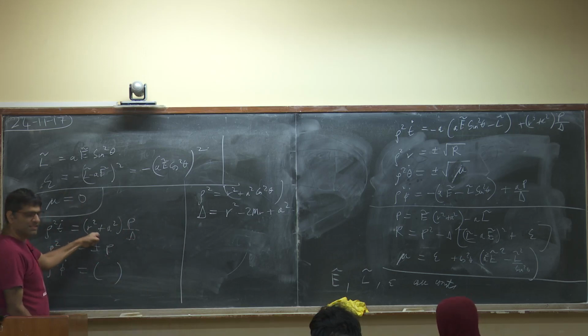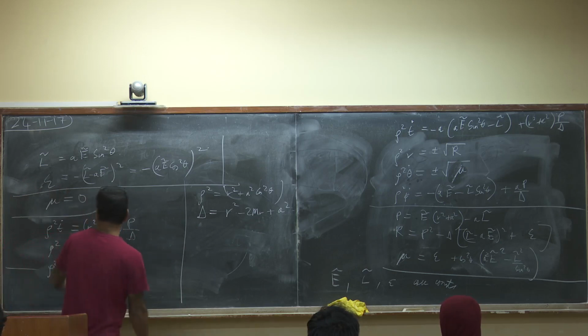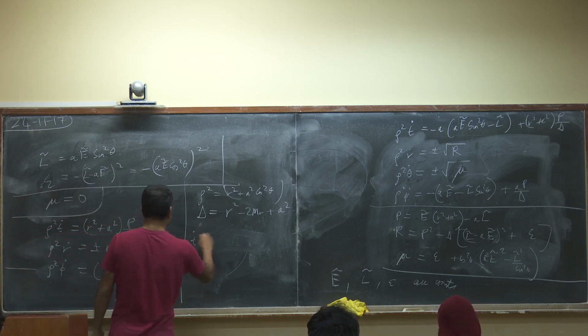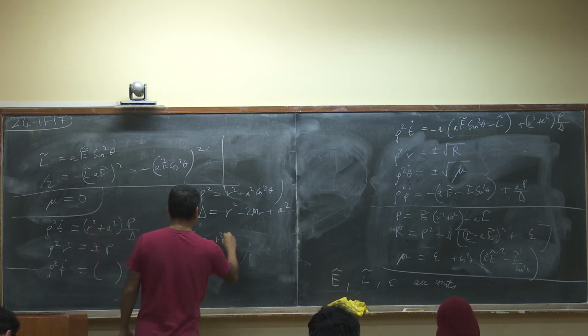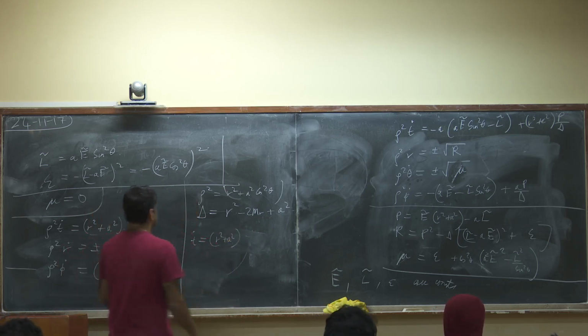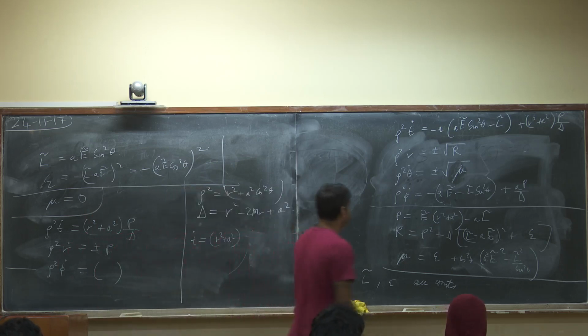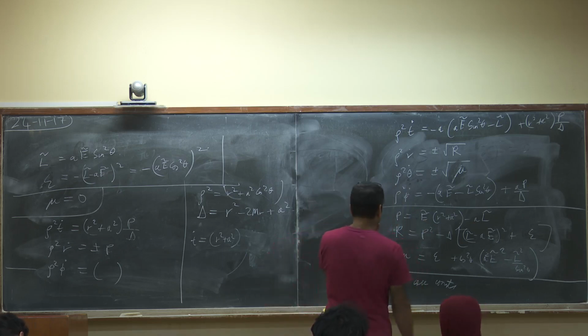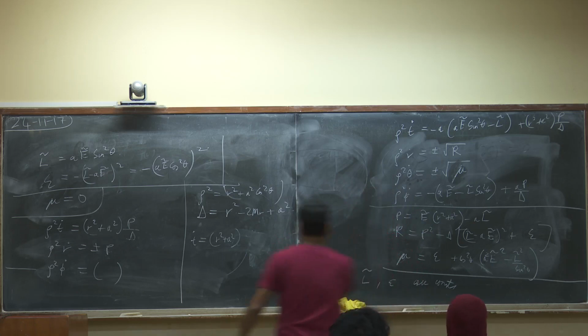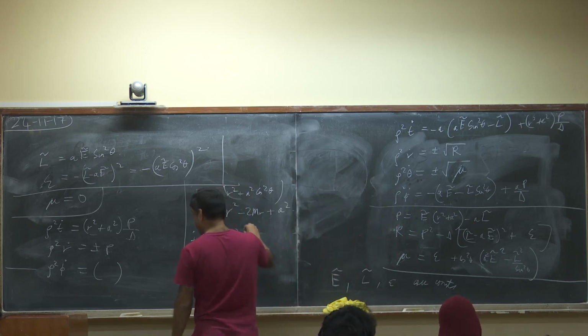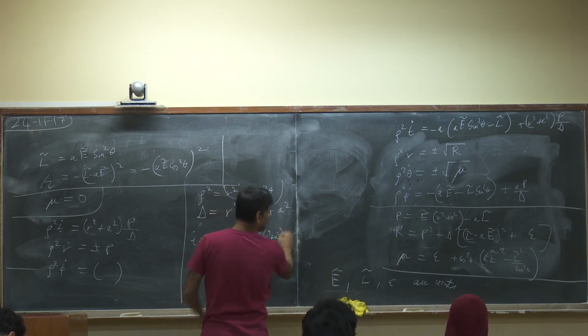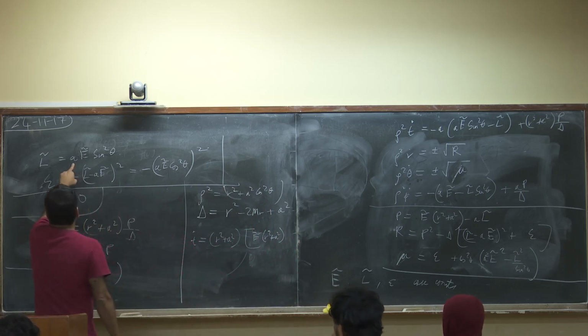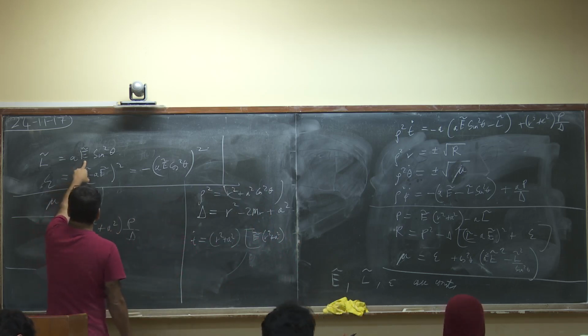Okay, let me try to simplify this one, for instance, and then I'll just quote the results. Okay, so T dot is equal to R squared plus A squared into P, which was E tilde into R squared plus A squared minus A times L, so minus A squared E tilde squared sine squared theta.